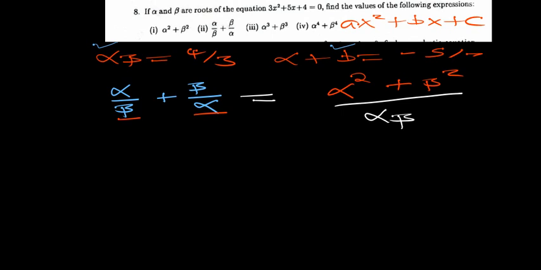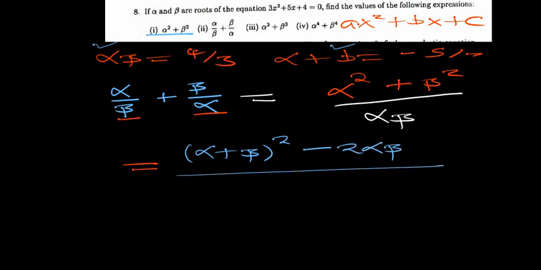So you can see that this is actually related to the previous question that we had, right? So what do you think? What can be done at this point? So check the numerator. The numerator is basically what we had in the first part. So we express that in the form of (alpha plus beta) squared minus 2 alpha beta, divided by alpha beta. So at this point, the entire expression has been expressed in the form of the addition and the product of alpha and beta.